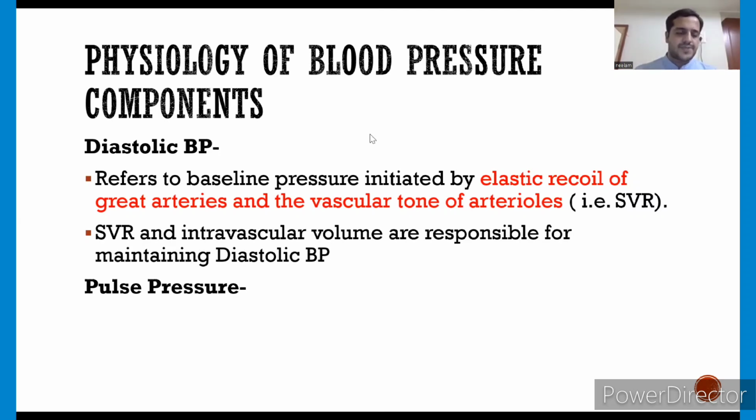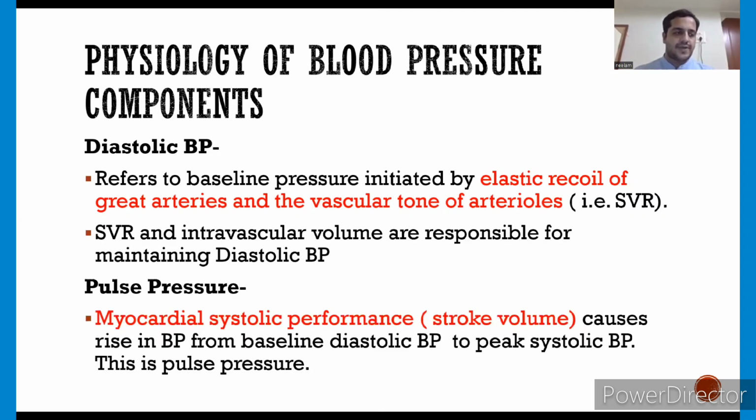Then coming to the pulse pressure, as we all know, it is nothing but the difference between the systolic and the diastolic pressure. So what happens is the baseline pressure in the cardiovascular system is the diastolic pressure. On top of it, as soon as your myocardium contracts, it sends out a volume of blood into the peripheral vascular system. That volume of blood which is ejected from the heart exerts certain pressure above the baseline.